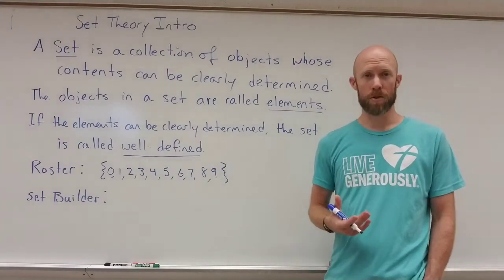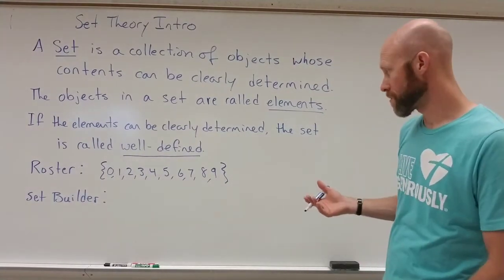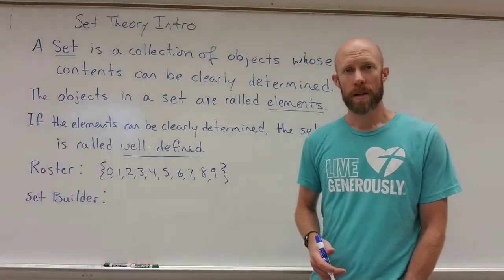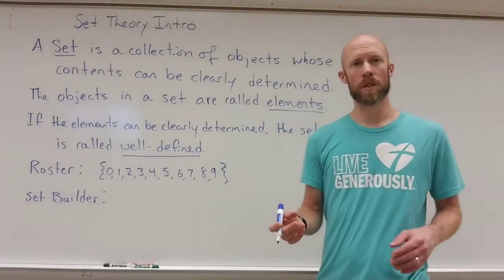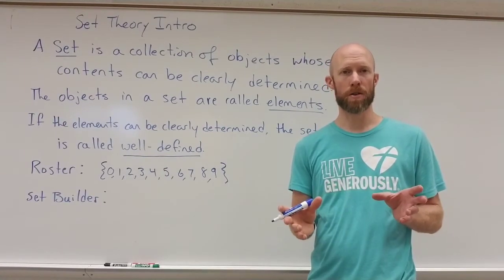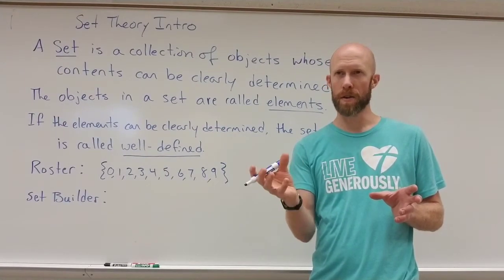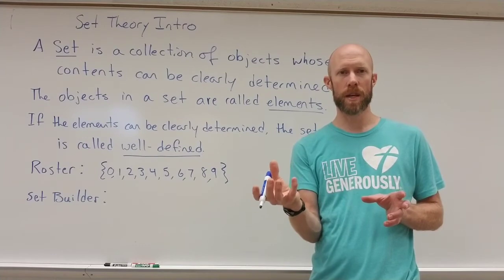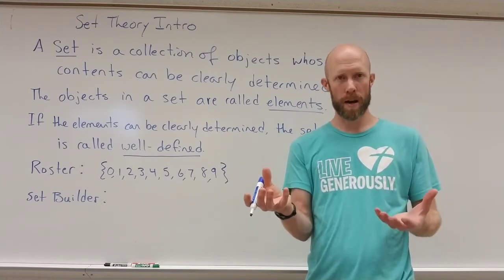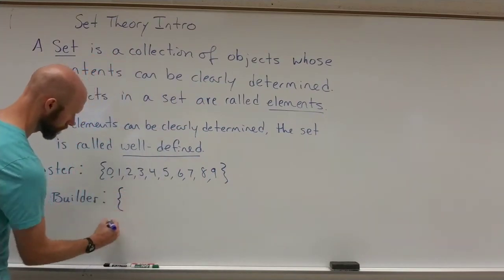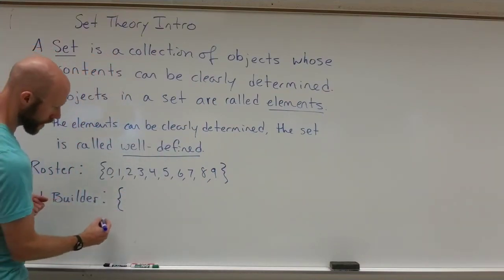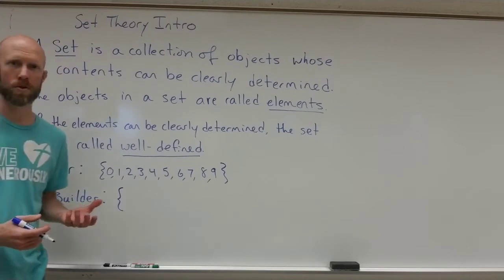In set builder notation, this might be a little bit more complicated. Set builder notation really gives you two parts. There's a way to symbolize the element and then a way to describe the element. For instance, in set builder notation, you might have the symbol that you want to use.